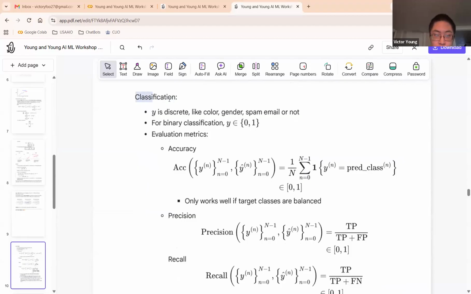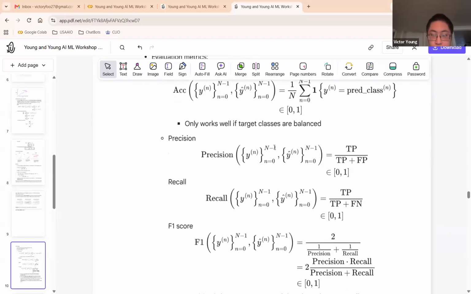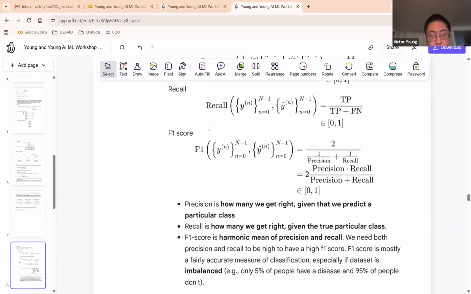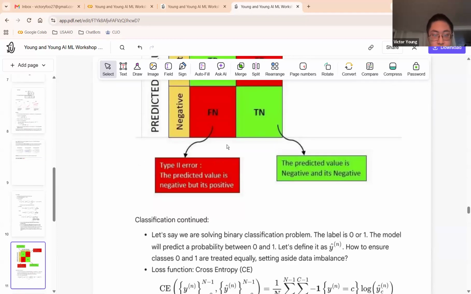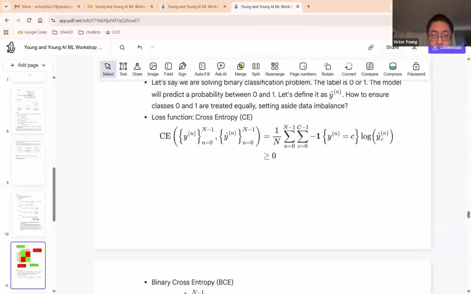And classification is we're trying to classify into classes, like yes or no, 0 or 1, color, gender, spam email, stuff like that. We talked about how to evaluate these, the evaluation metrics. We talked about accuracy and why in some cases it might be bad. This is the confusion matrix. And we also talked about the loss function.